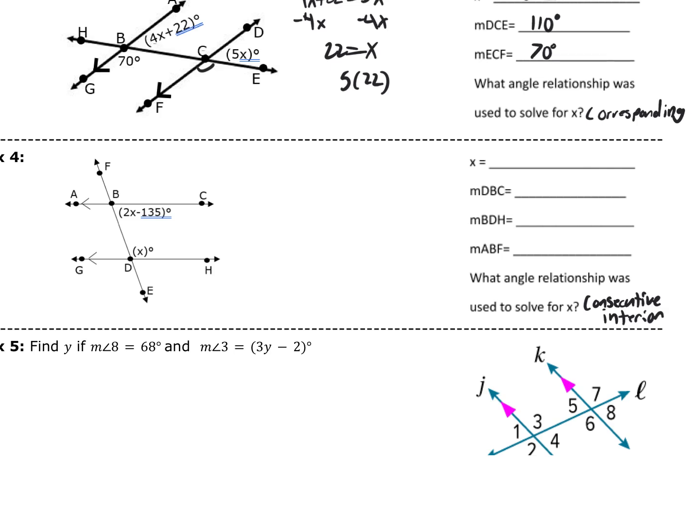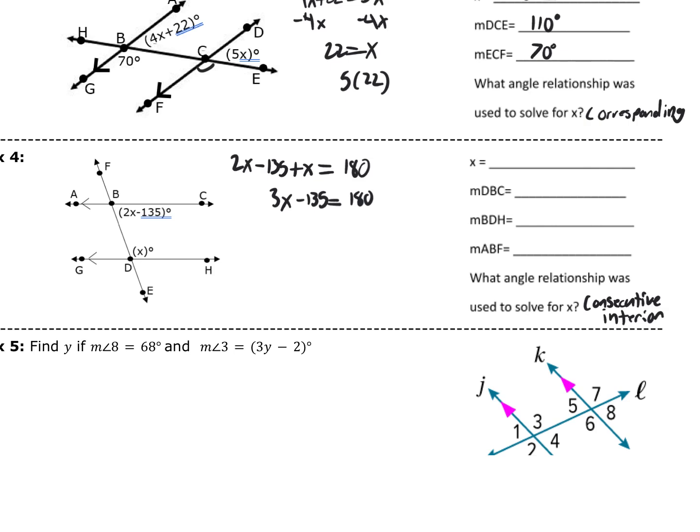It means they add up to equal 180. So 2x minus 135 plus x equals 180. So 2x plus x is 3x. So 3x minus 135 equals 180. I need to add 135 to both sides.